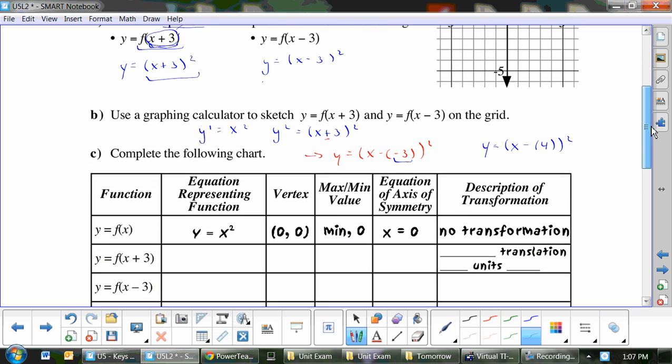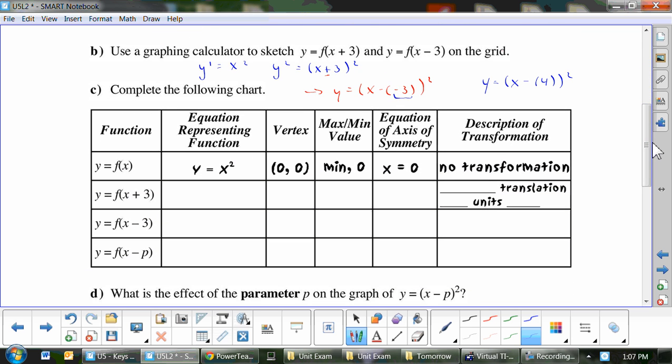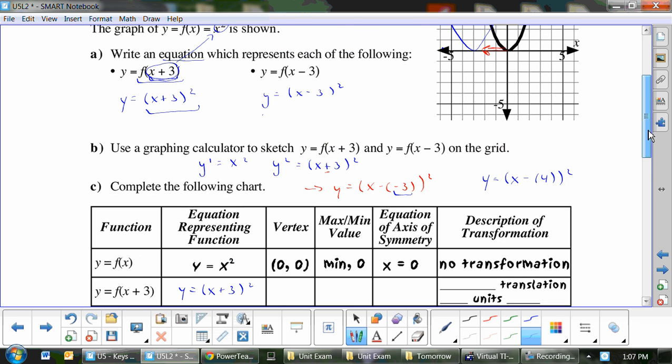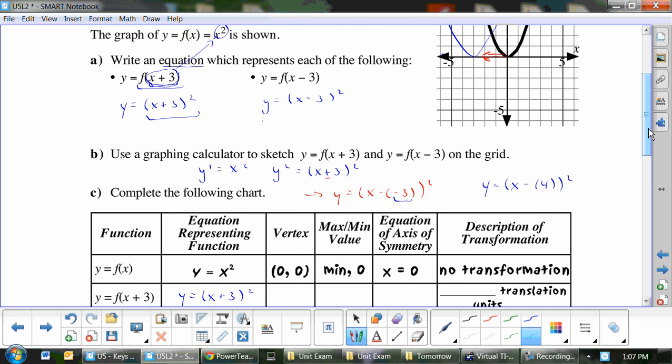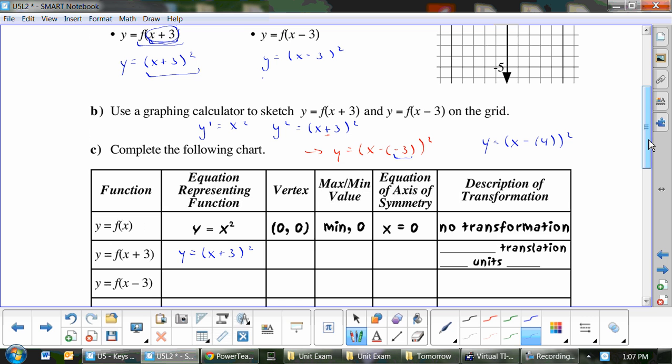Okay, so let's fill in this chart. So we'll go (x plus 3) squared. So where's our vertex on our new graph?